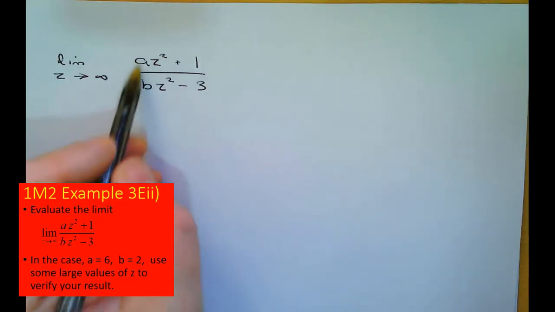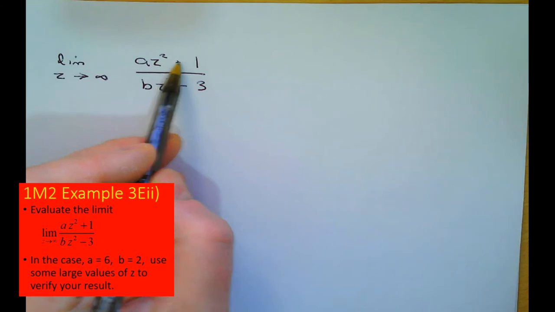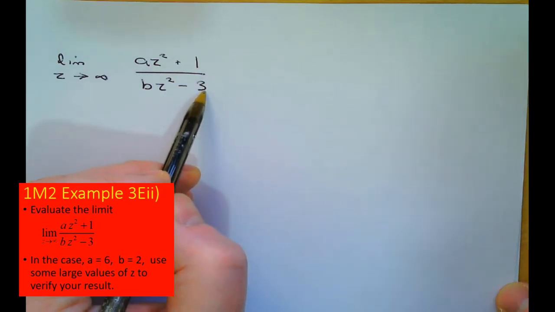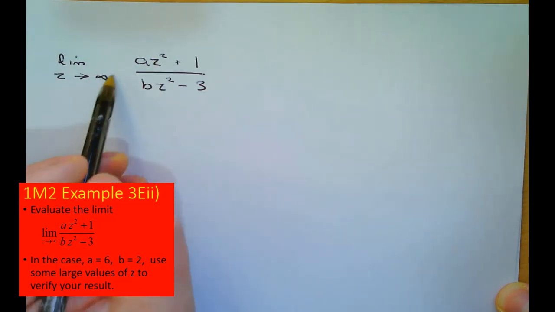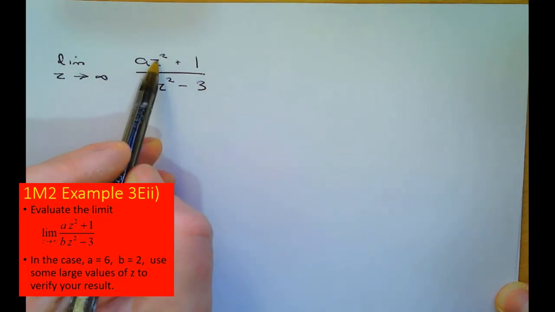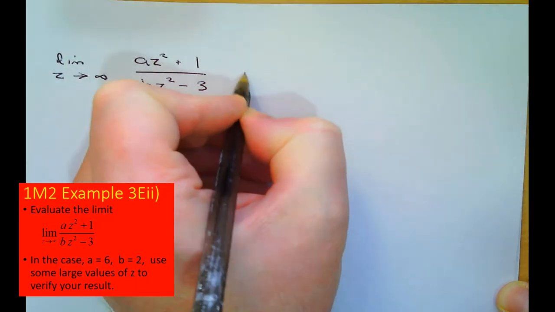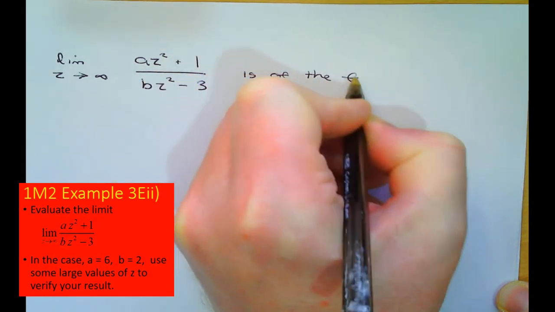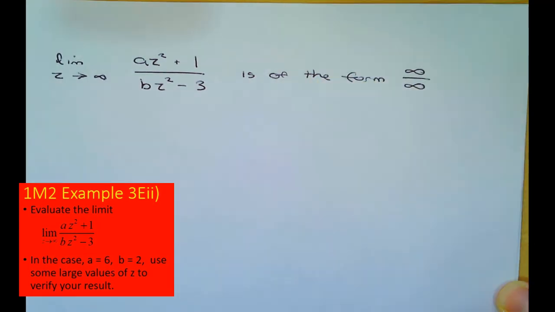So let's look at our limit here. Z tends to infinity, az squared plus 1 over bz squared minus 3. We see if we were just to put in z becoming infinite, we'd have infinity over infinity. So this is of the form infinity over infinity.